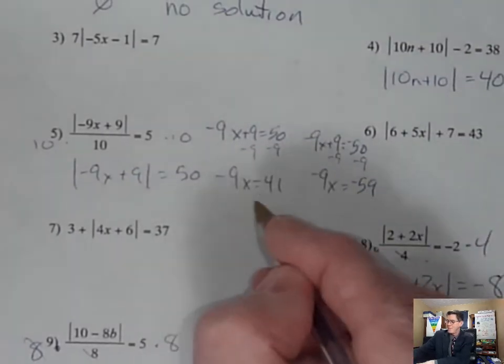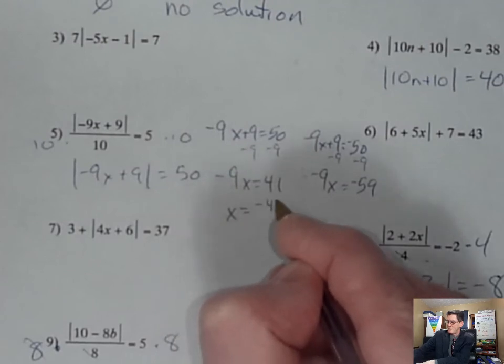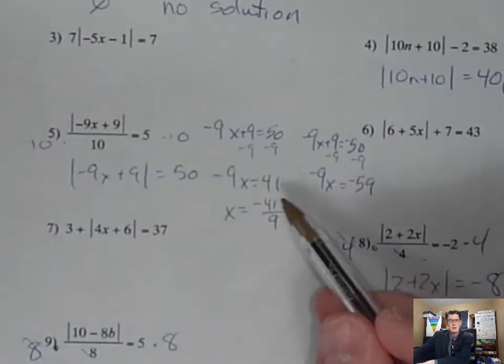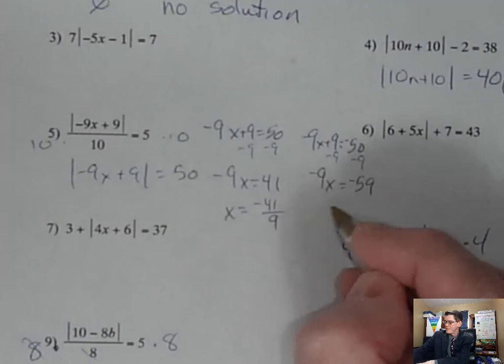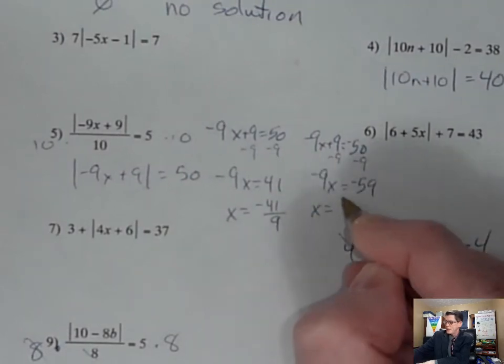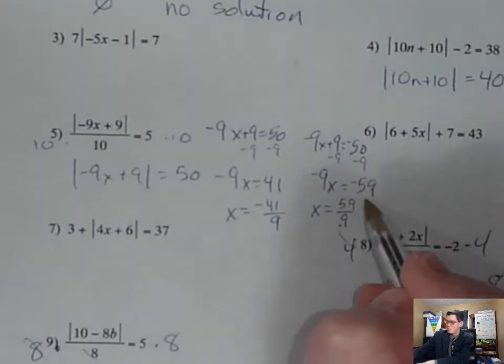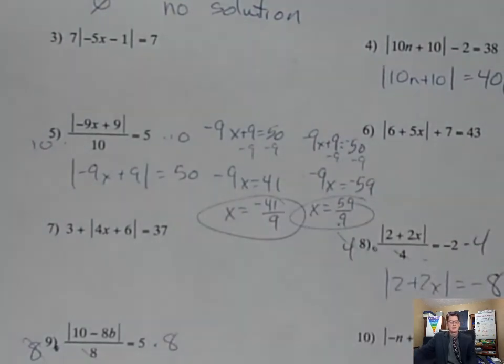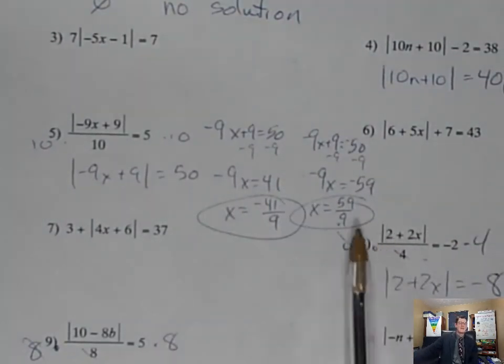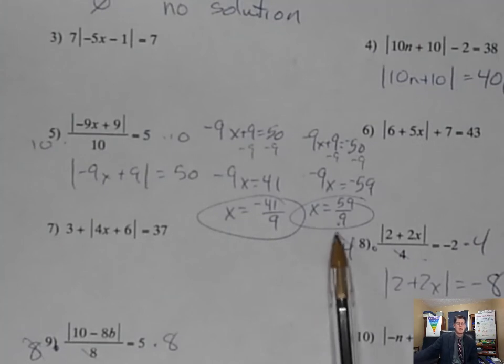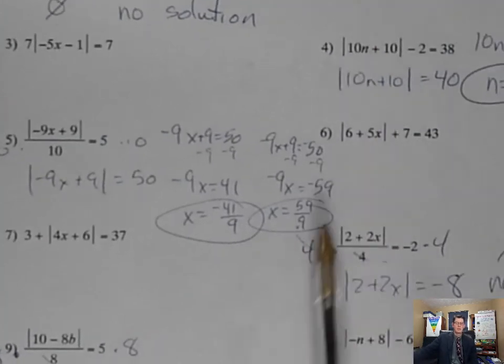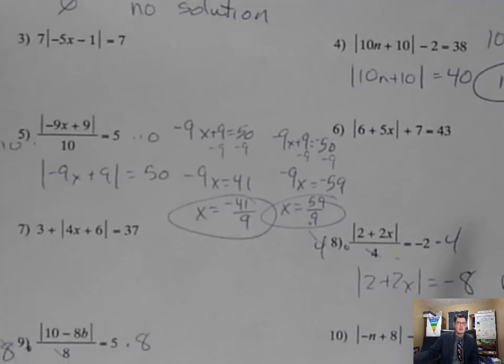All right, divide by negative 9, so x is either negative 41 ninths or 41 over negative 9. Divide by negative 9, so x can be, let's see, negative 59 over negative 9, that's just a positive 59 ninths. Yeah, some of these answers are going to end up being even fractions. There's multiple ones on here where you're going to get a fraction as an answer.